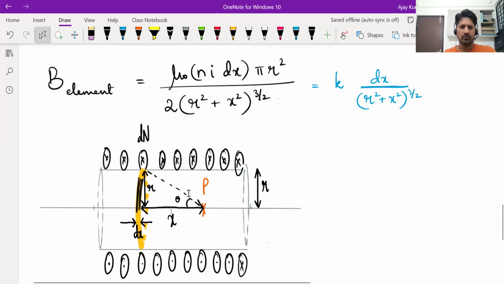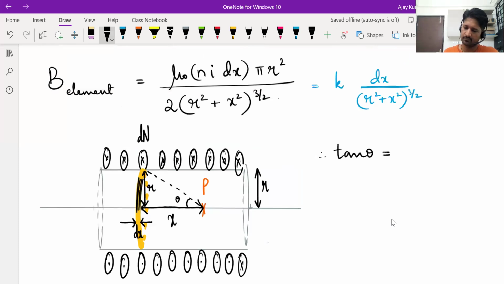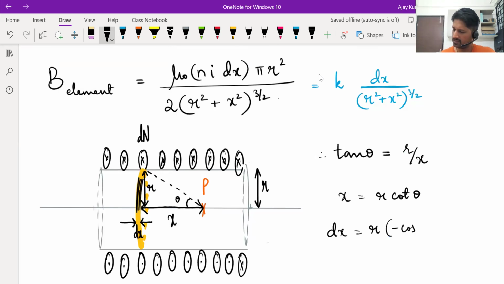Right? So you can write tan theta is equal to, tell me quickly, one of you, in that right angle triangle, what is tan theta equal to? R by x. So you can say x is equal to r cot theta. Differentiate this. You get dx is equal to r, derivative of cot theta, minus cosecant square theta d theta.